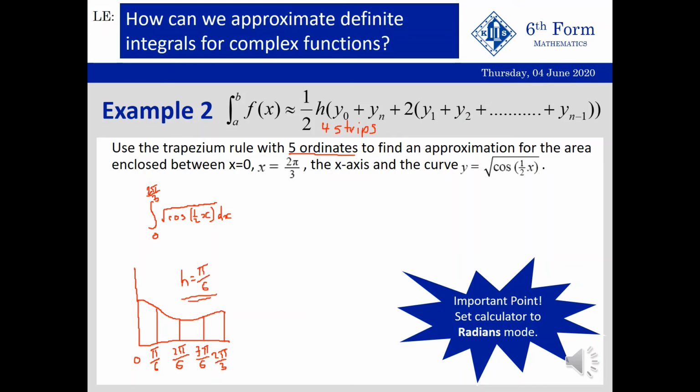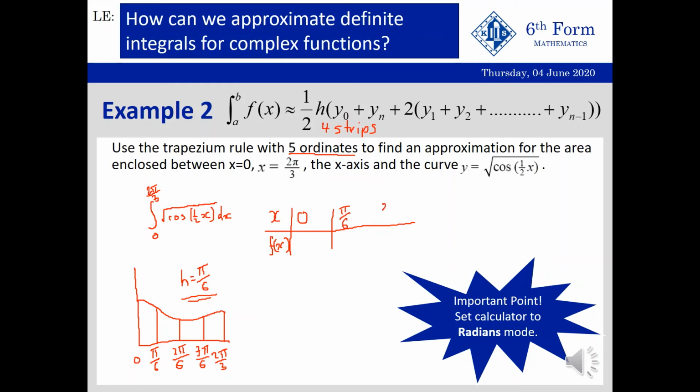So we can now switch to table mode, and we can put these numbers through to complete our table of values. We've got our x values and we've got our f of x values. So if we set our table up, and then we can use table mode to complete it. So we need to use the 5 ordinates, we need to use 0. I'm going to call it pi over 6.